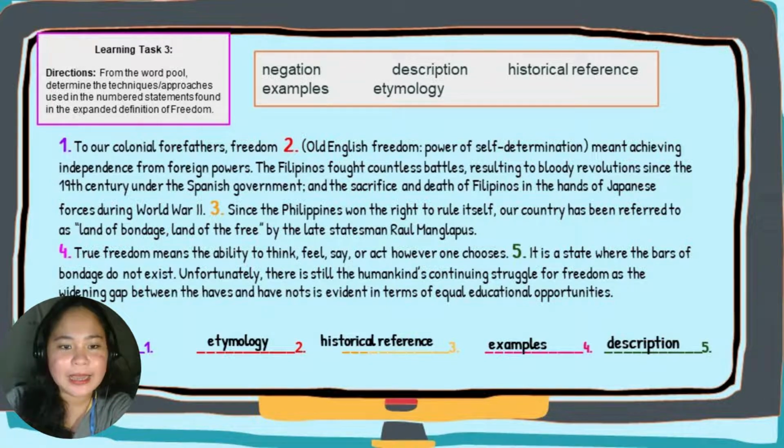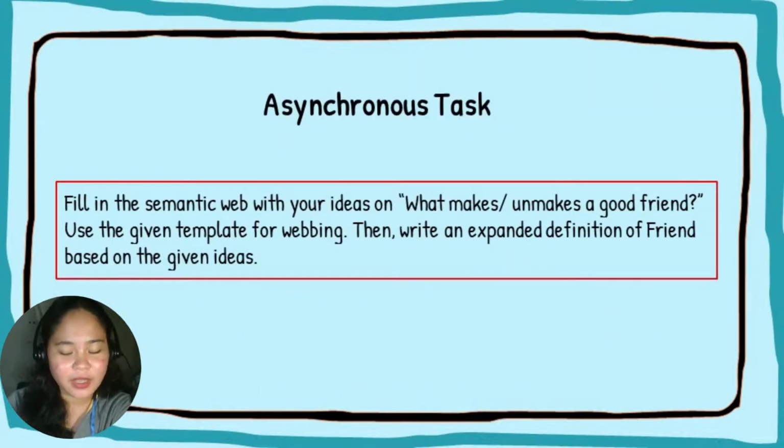So, what technique or approach is used in this expanded definition? Very well said. So this one uses description. Very good. Okay, I think we're done with learning task 3.